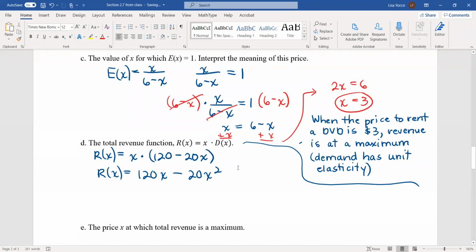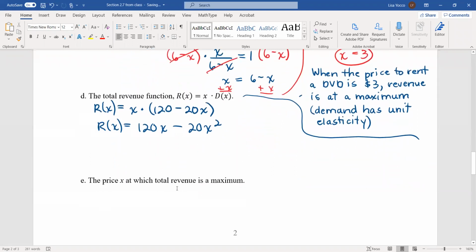So that's my revenue function. And then part E says, okay, now find the price x at which the total revenue is a maximum. Remember, this will occur where my derivative equals 0. So let's get our derivative.